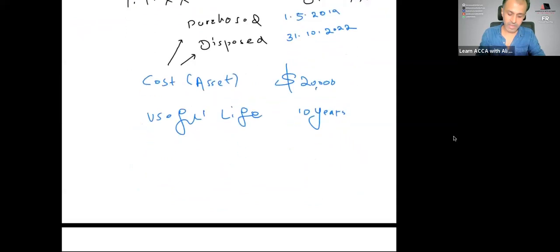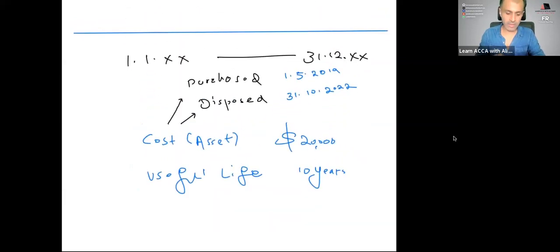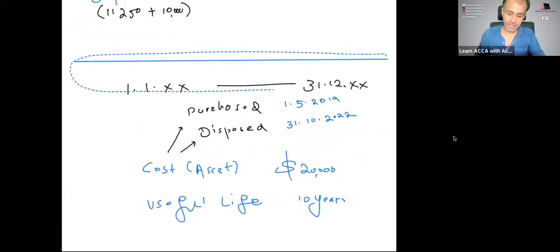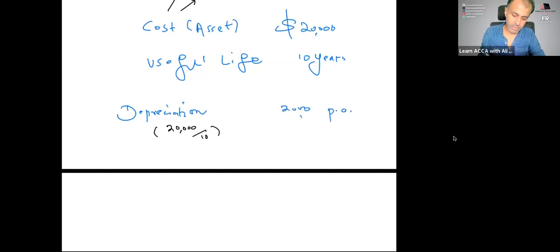Now they ask us to calculate the depreciation for all those years involved. And we happily can. At least in the first place, we can work the depreciation charge for each of the year, which will be a simple task, 20,000 the cost, the life is 10. The figure has to be 2,000 per annum.